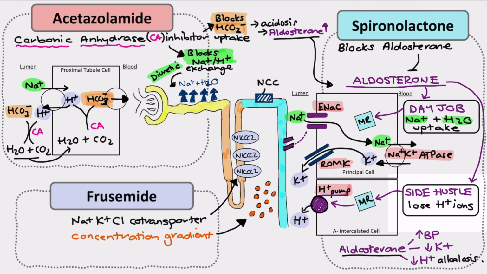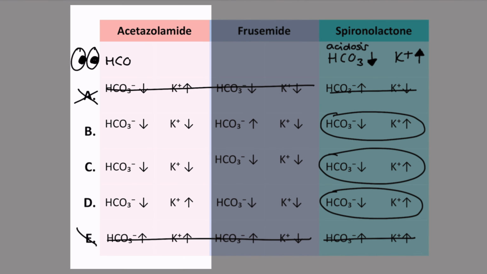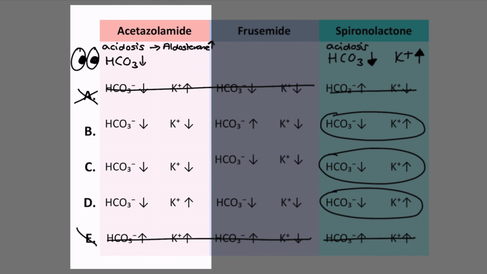So if acetazolamide comes along and causes acidosis, it will stimulate aldosterone, which then comes to the kidney and causes potassium loss in the urine. Boom. So for acetazolamide, we're looking for both low bicarb and low potassium in combination.